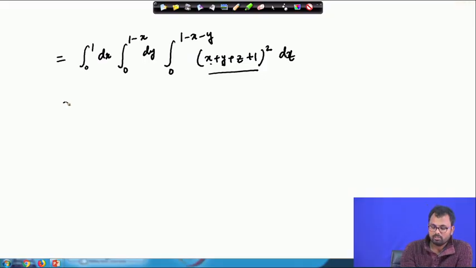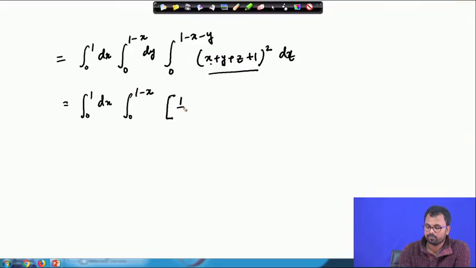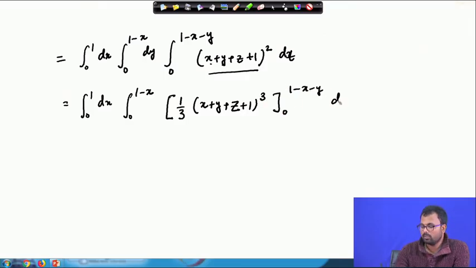So for such integrals we know how to do the integration. So this will reduce to 1 by 3 (x plus y plus z plus 1) whole cube, from 0 to 1 minus x minus y. All right. So this will be the result of this integration here.